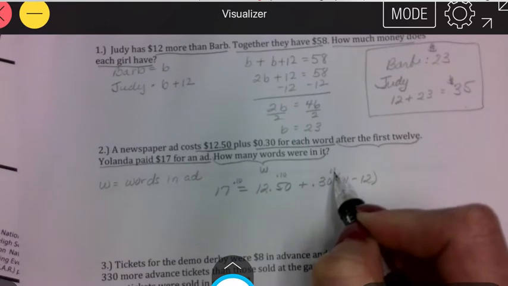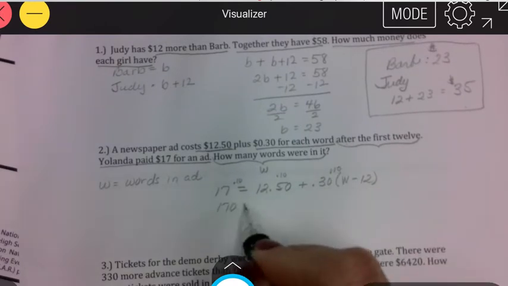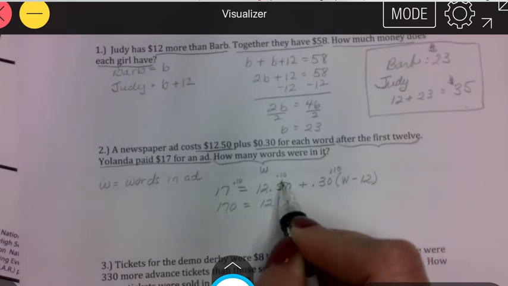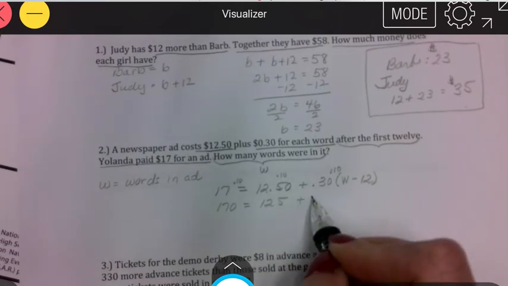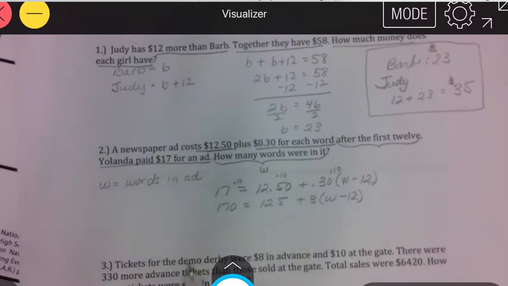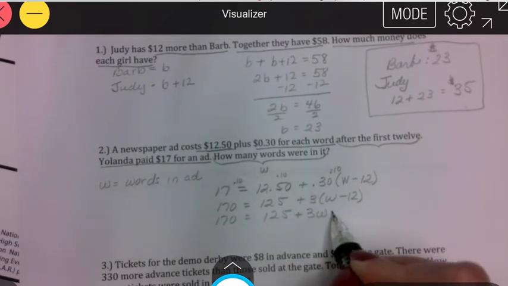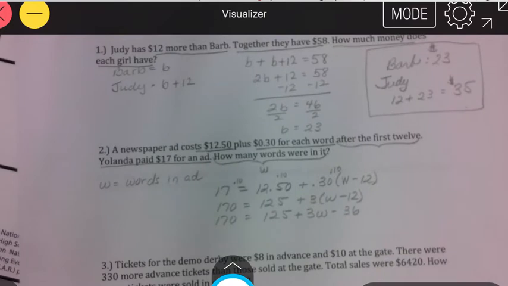Now I can go through and multiply. I could leave my decimals in, but if I get rid of my decimals by multiplying by 10, I have this equation. So 170 is equal to 125 plus 3W minus 36.